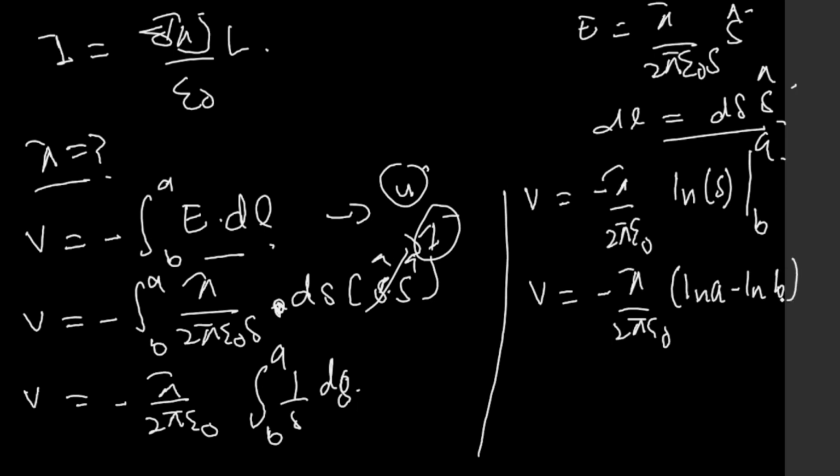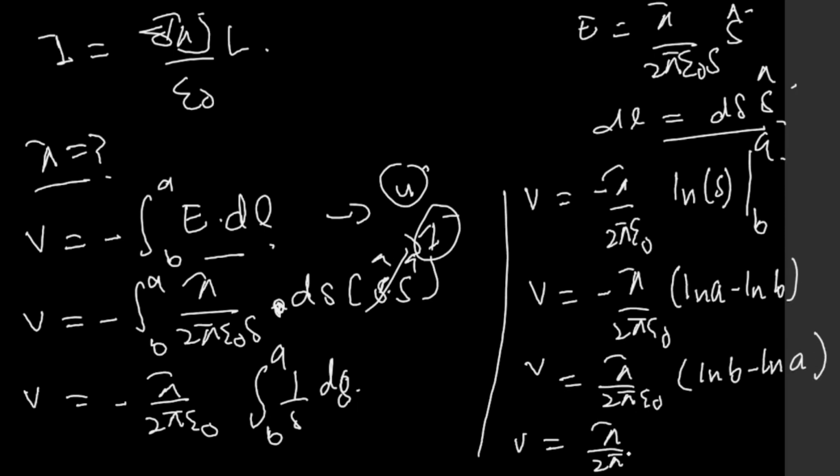When the negative sign is multiplied inside, we get V equal to lambda divided by 2 pi epsilon naught times ln of b minus ln of a, which gives lambda divided by 2 pi epsilon naught times ln of b divided by a. So we get the potential is lambda divided by 2 pi epsilon naught, and ln of b divided by a.